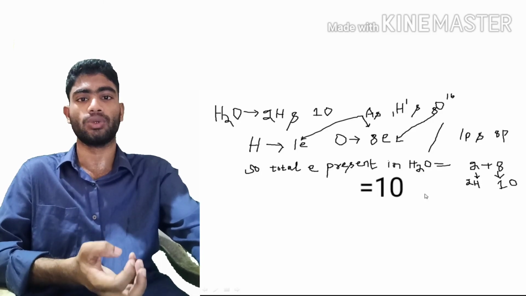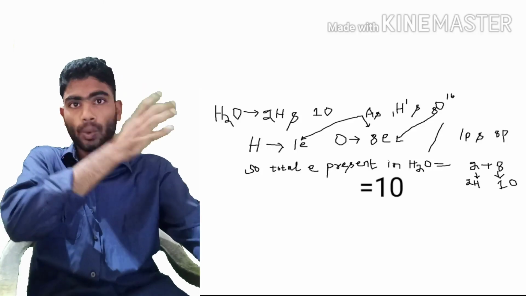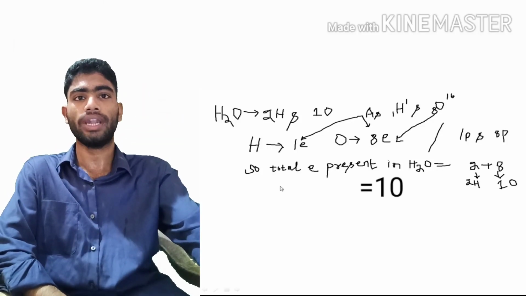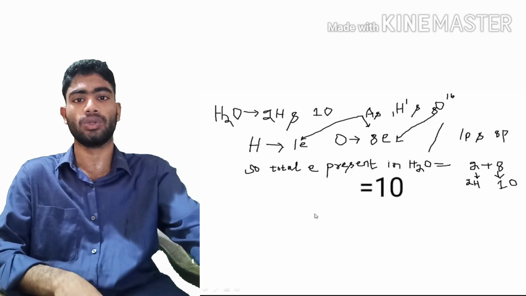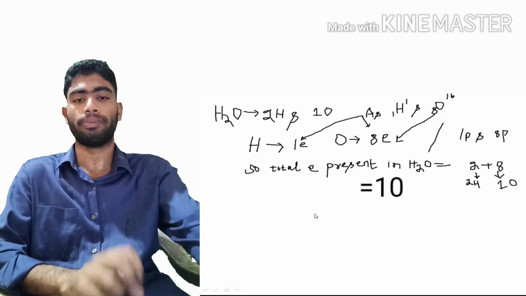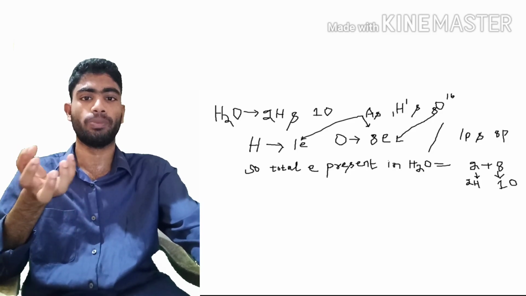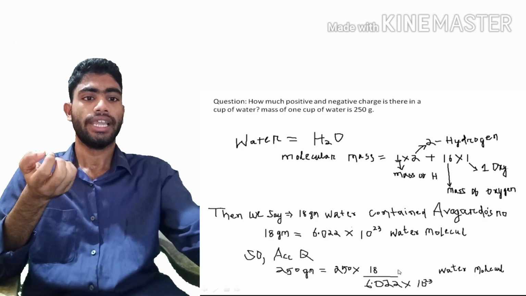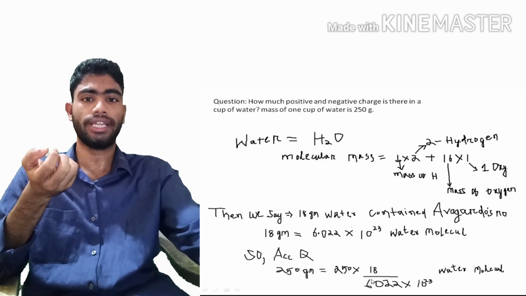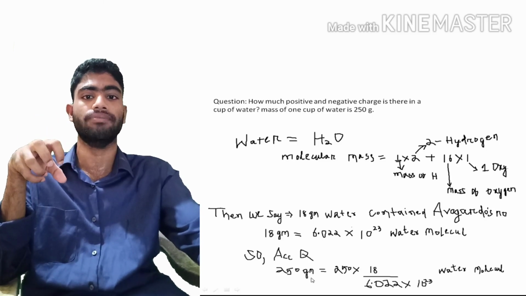Once we have the total number of electrons in one water molecule, we can calculate the total number present in 250 gram, because we already calculated that 250 gram equals this many water molecules.